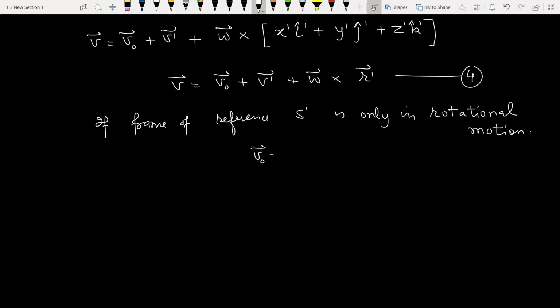V naught, it will be 0 vector, and R dash vector will be R vector. So equation number 4 will be modified as V is equal to V dash plus omega cross R.